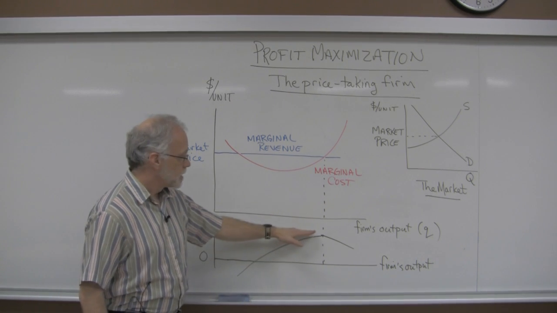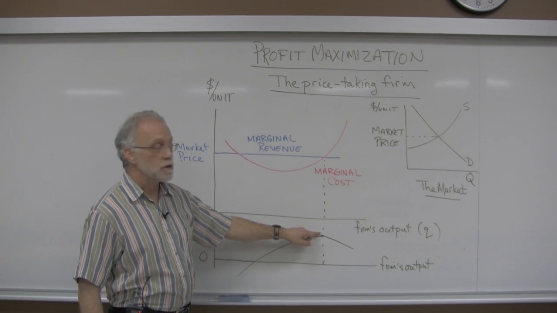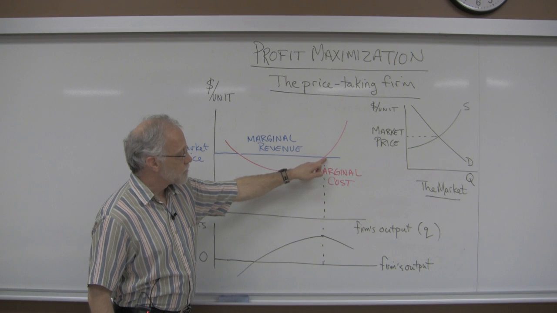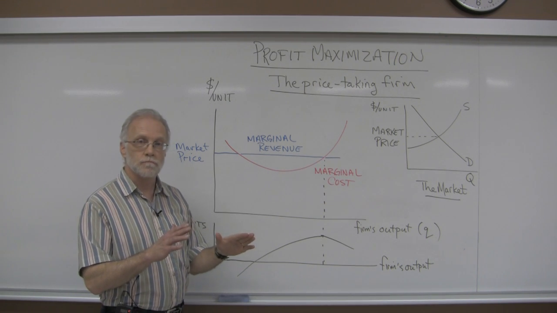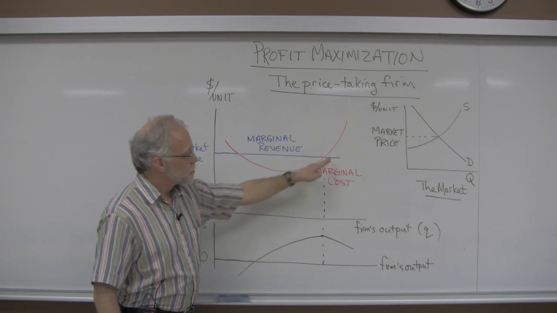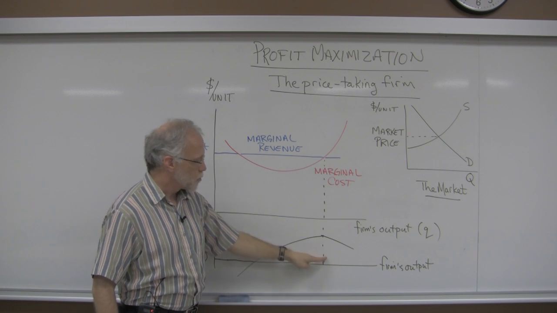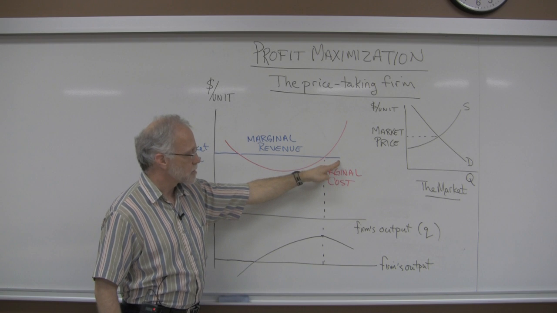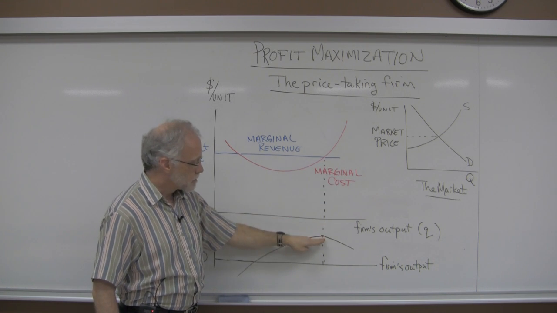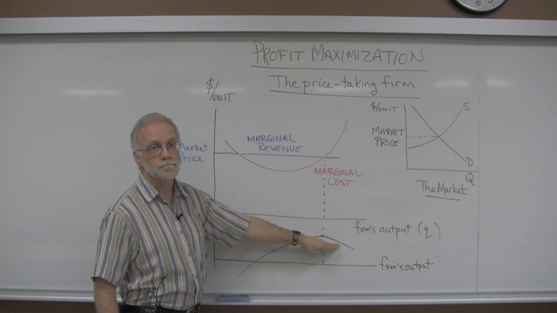Profits are going up. They'll reach a maximum here where marginal revenues and marginal costs are just balancing each other out. Beyond that point where producing more output adds more to costs than it does to revenues, then profits must be falling.